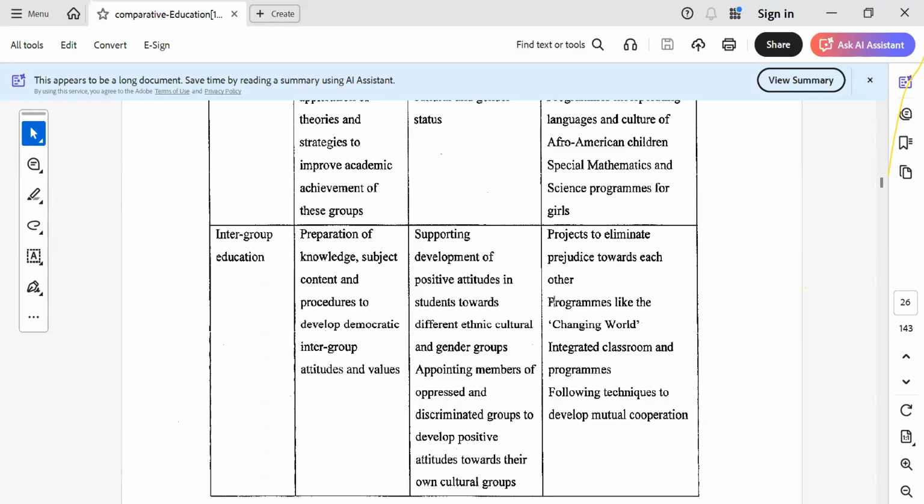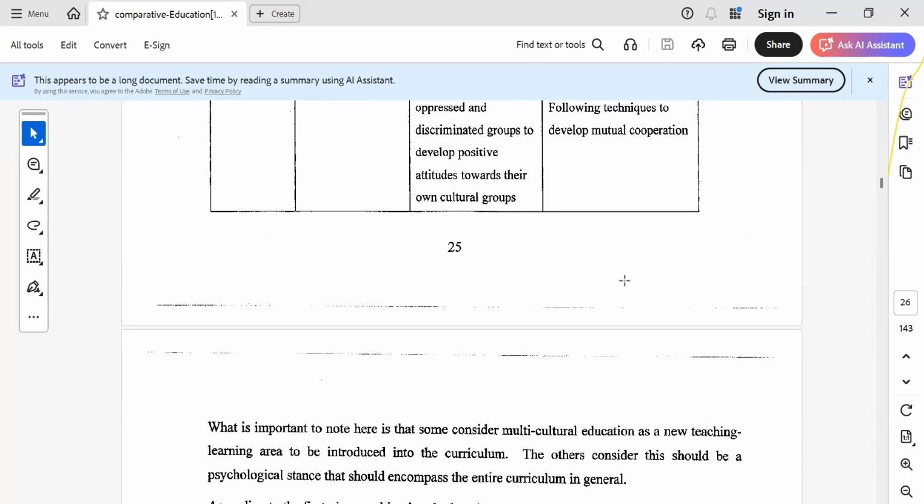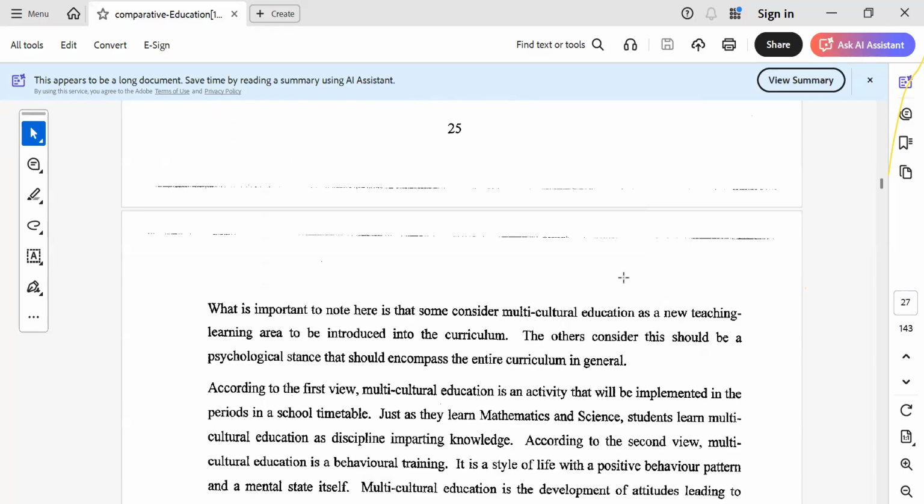Then intergroup education: preparation of knowledge, subject content, and procedures to develop democratic intergroup attitudes and values. Right? So the government has taken steps, right? What is important to note here is that some consider multicultural education as a new teaching-learning area to be introduced into the curriculum.